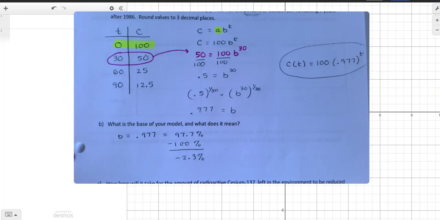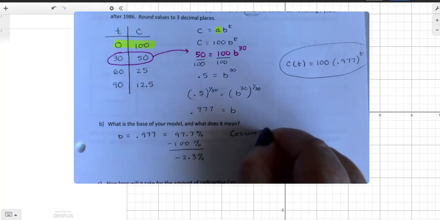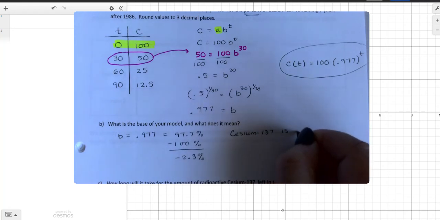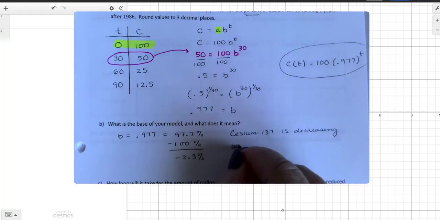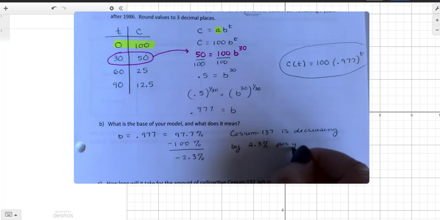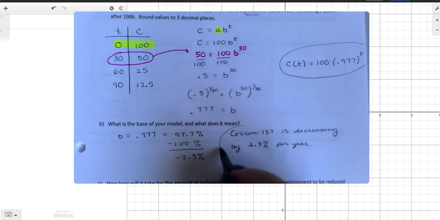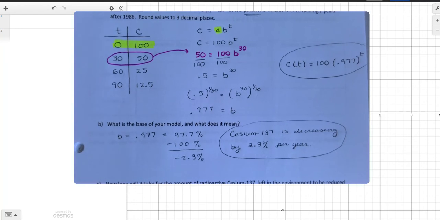So the amount of cesium-137 is decreasing by 2.3% per year. Again, both of those are things that you could have answered earlier in this unit.